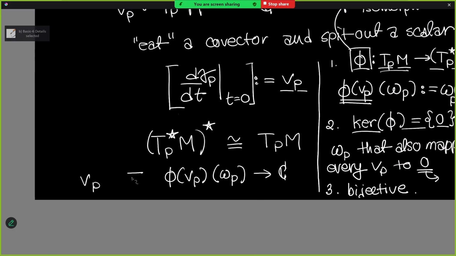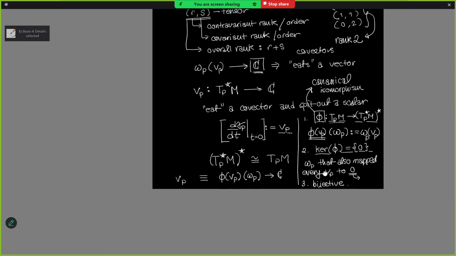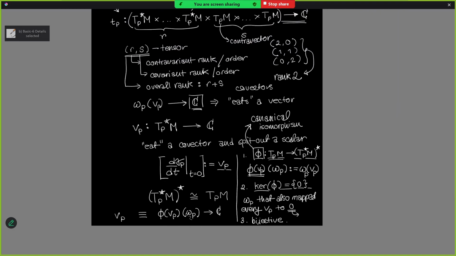So if we were to equivocate these, or let's just say that they're equivalent, then we get these maps. So that's the sense in which a vector is also an object that eats a covector and produces a number.